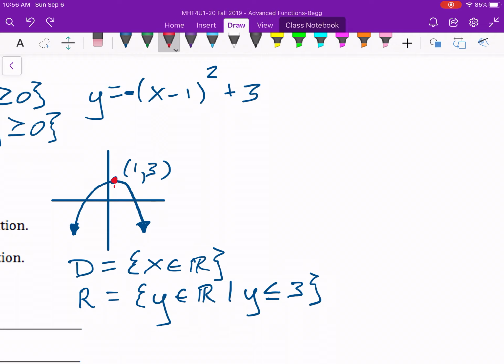So that means the range, again being the Y values, is all the real numbers, as long as they are less than or equal to 3. So that's how we read that. Okay, so domain is X, range is Y.